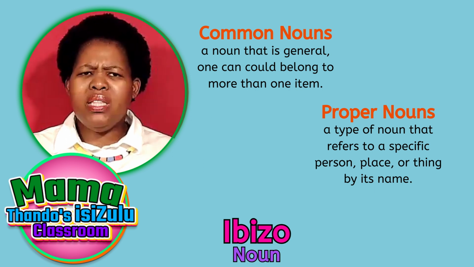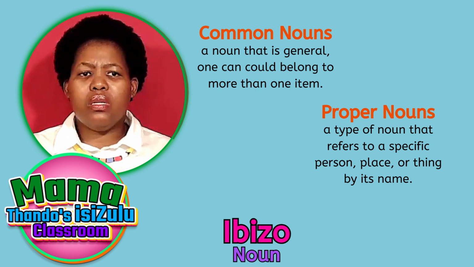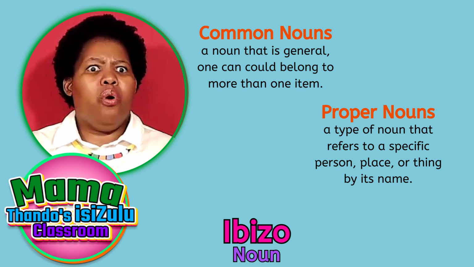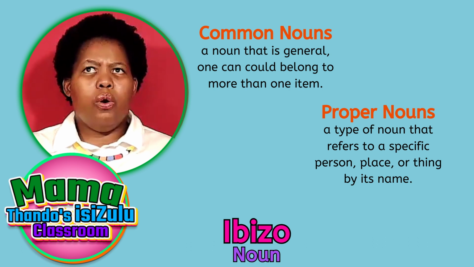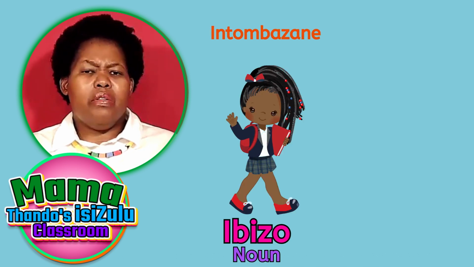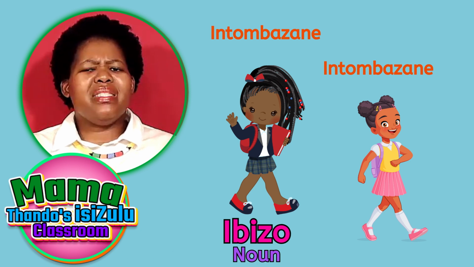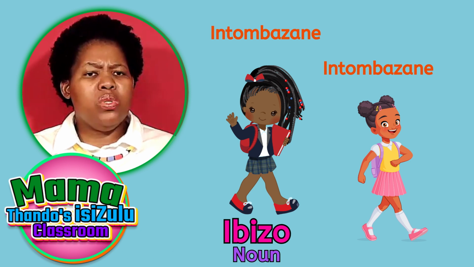We have common nouns and proper nouns. A common noun is a noun that is general, one that could belong to more than one person or more than one item. Look at these girls. This is a girl and this is also a girl. But they each have their own names, proper names.